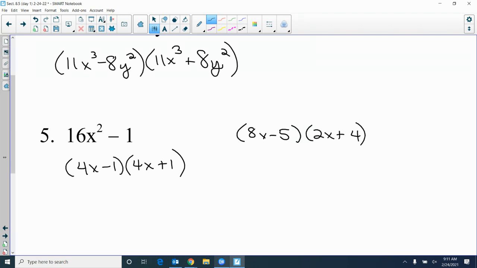Well, here's what happens, to make sure you're right. If I'm right, when I FOIL these together, I gotta get back to the original problem. So now you're gonna get 16x squared, but what's 8x times 4? That is plus 32x, negative 5 times 2 is negative 10x, and negative 5 times 4 is negative 20.